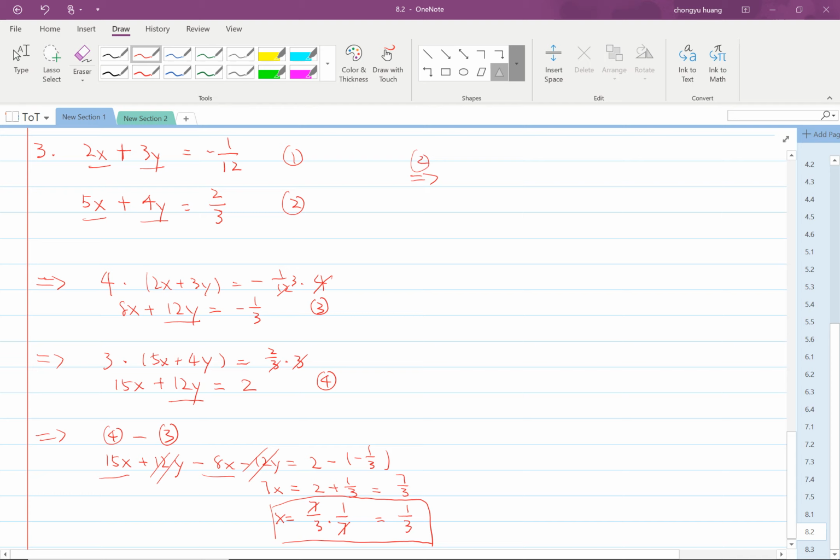Equation 2 is 5x plus 4y is equal to 2/3.